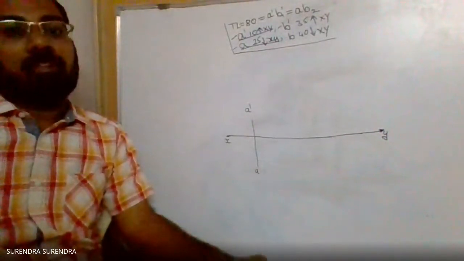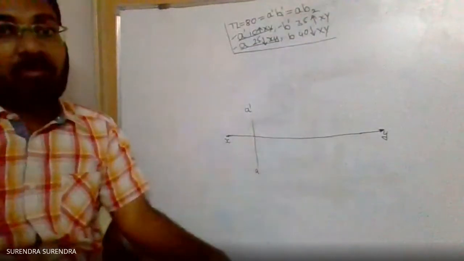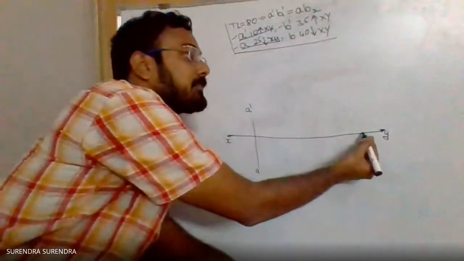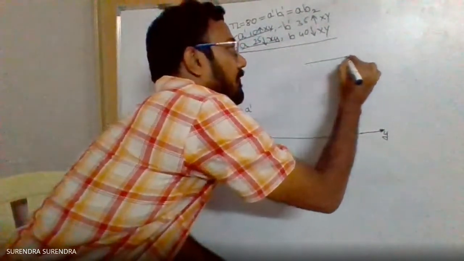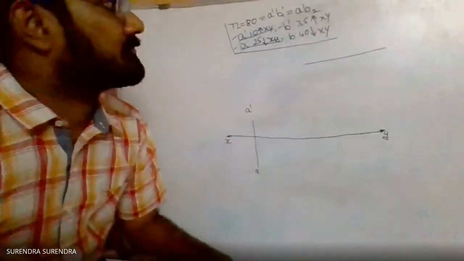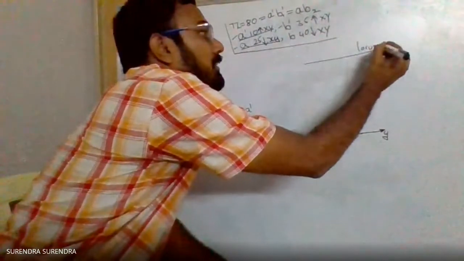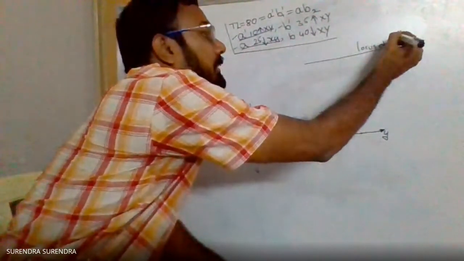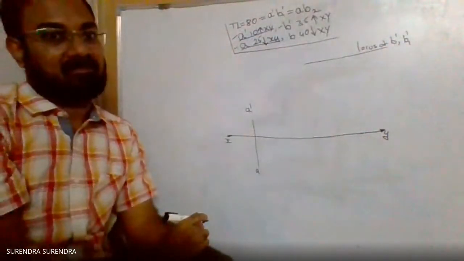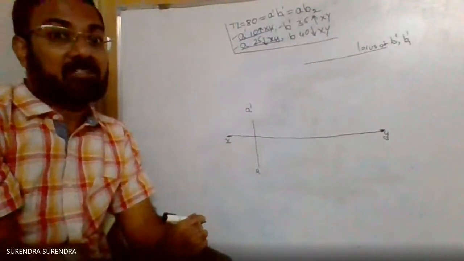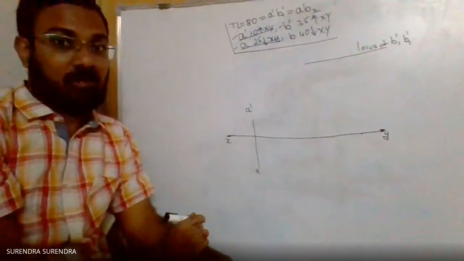So in such cases, whenever the data is given in terms of these four dimensions, we follow a process. Parallel to the XY line, draw the locus line first. So what is this line? This is the locus of B dash, B1 dash. B dash and B1 dash lie on the same line parallel to the XY line, the same locus.